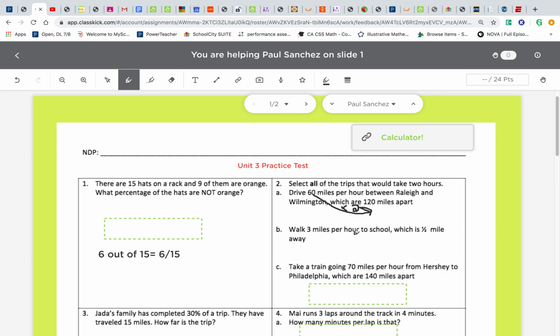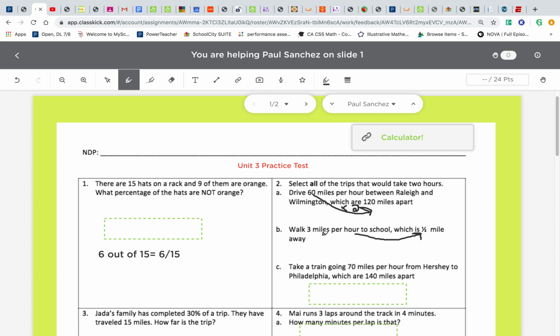Why don't we take the per hour and divide it into a half? So divide that by 2. 1 mile divided by 2 is a half. And do the same with the 3. 3 divided by 2 would be 1.5.